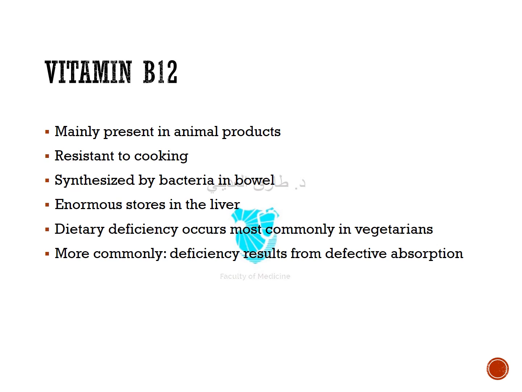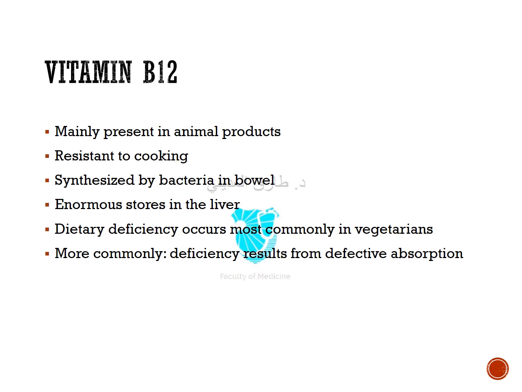Still they didn't have vitamin B12 deficiency because they took it from the bacteria in the bowel or even from the contaminated water. زمان sanitation of water ما كانش perfect like these days, so it is commonly polluted by the excretions from other humans, فبكون طالع مع البكتيريا and they gain vitamin B12.